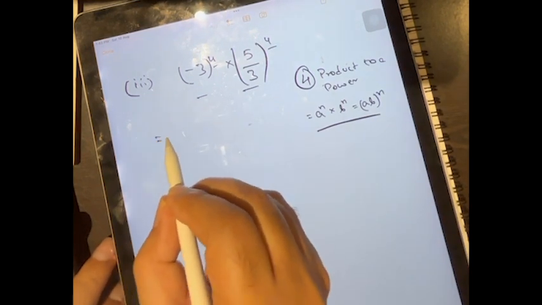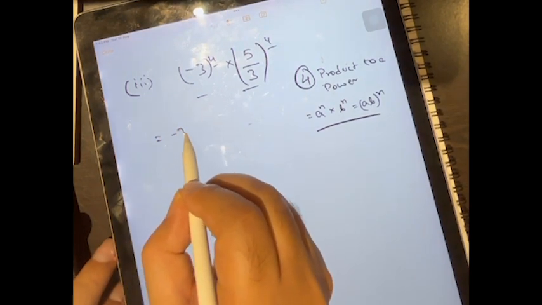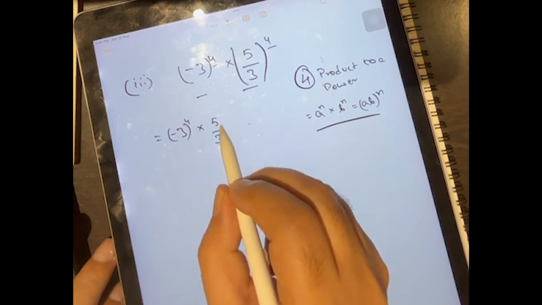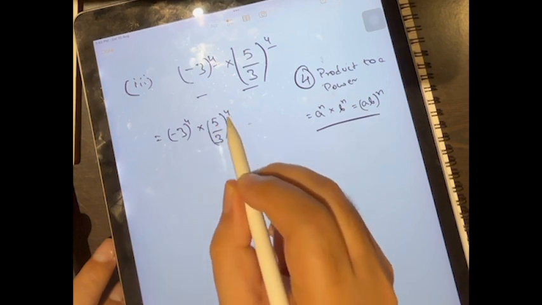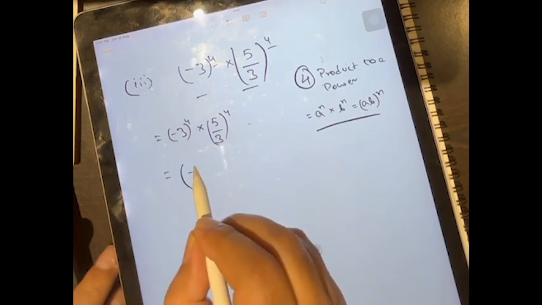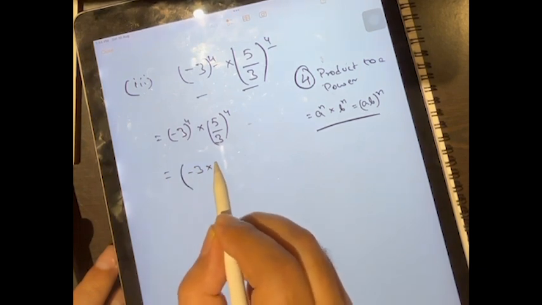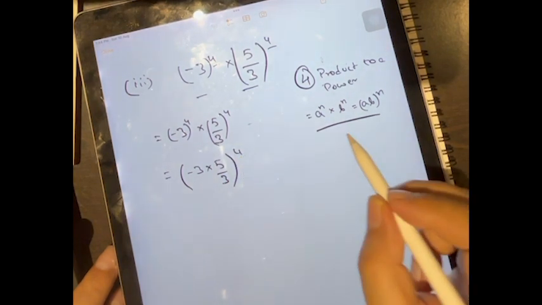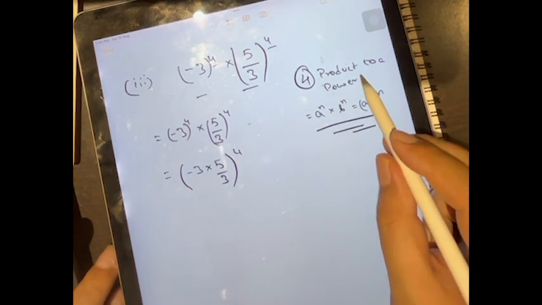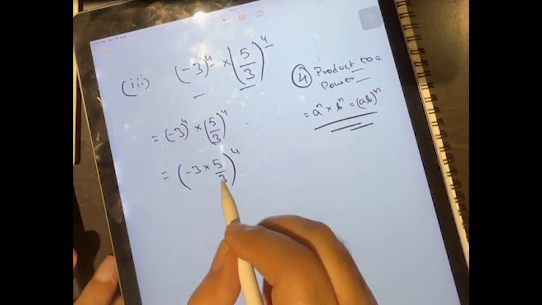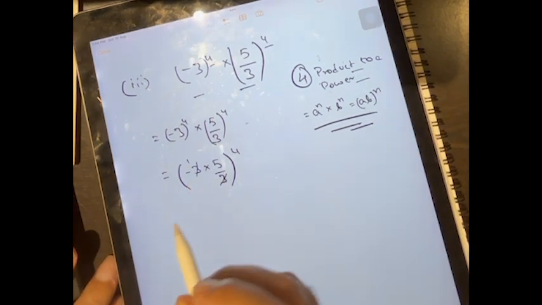So we already know it is minus 3 raised to the power of 4 multiplied with 5 by 3 raised to the power of 4, and we can say minus 3 into 5 by 3 raised to the power of 4 based on what we have learnt over here, which is law number 4, product to a power, and then we can do basic maths.